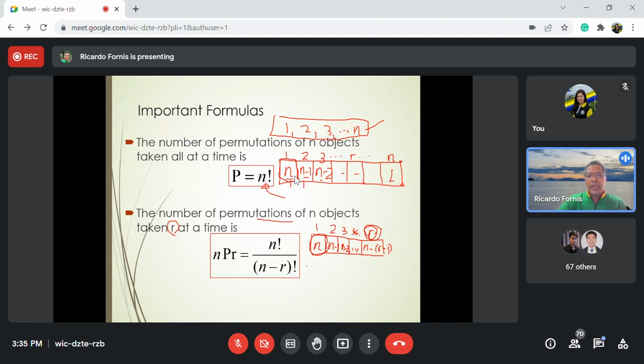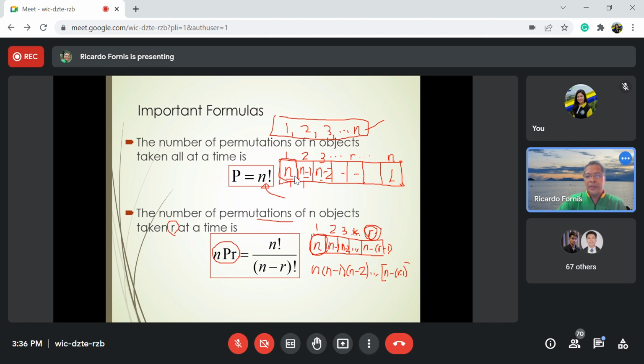So, the number of permutations, nPr, is calculated as n times n minus 1, multiplied by n minus 2, and you keep on multiplying until the last number, which is n minus R plus 1.